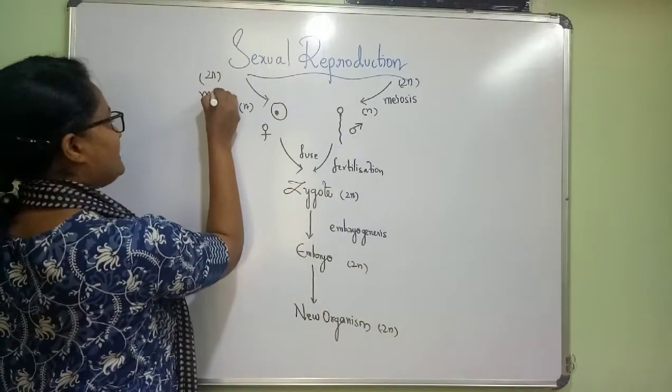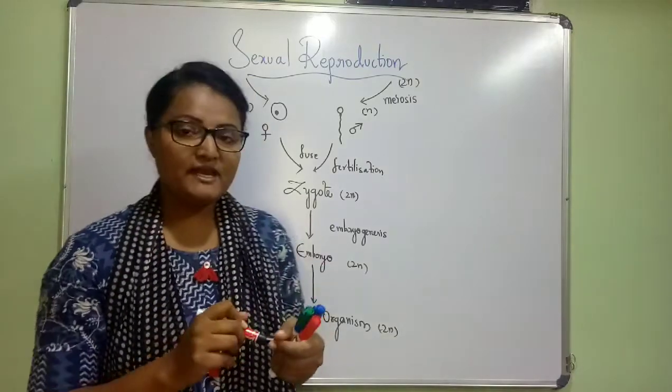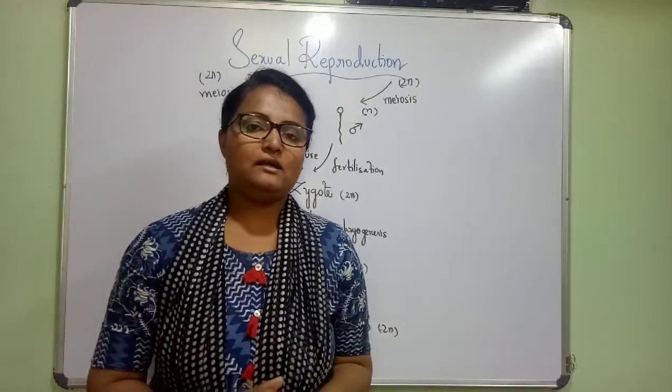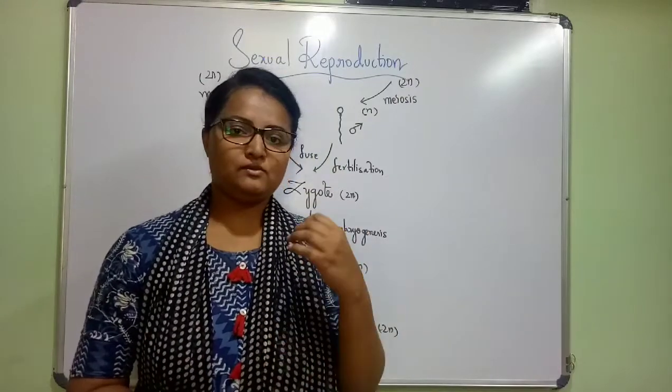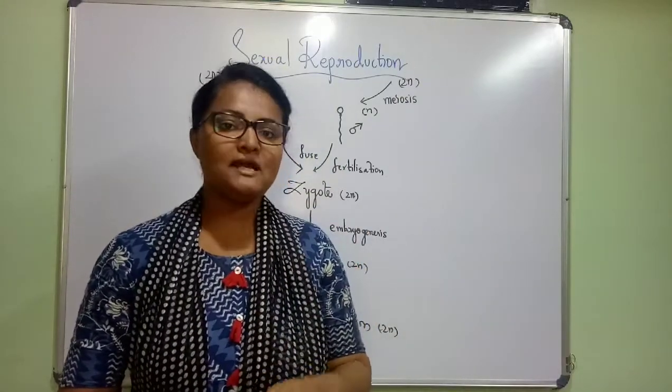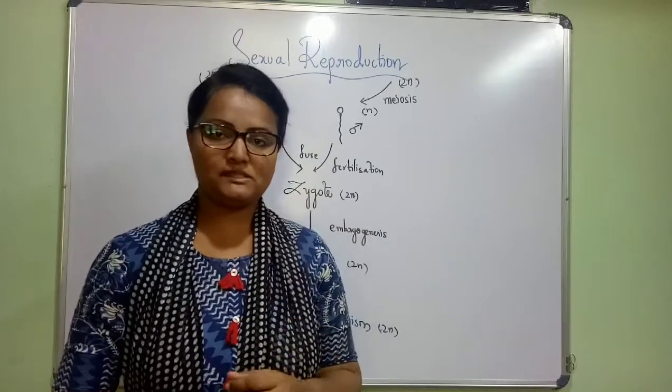Meiosis. Remember, reductional division, 2n to n. So if there is production of gametes, the gametes are produced by the division undergoing meiosis.